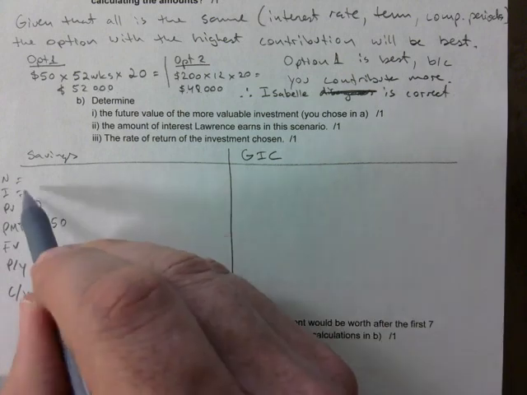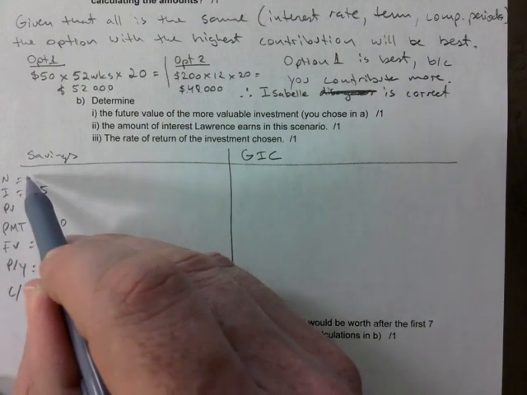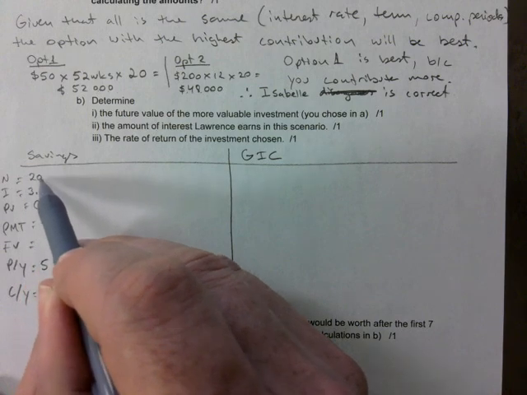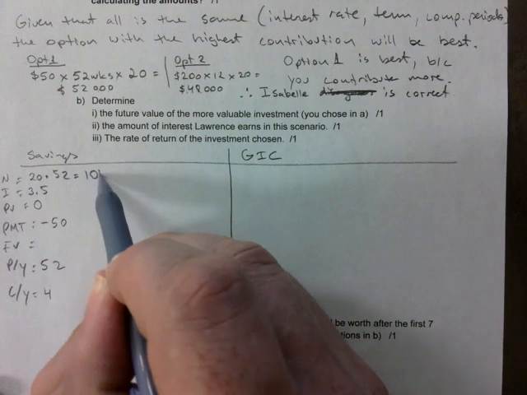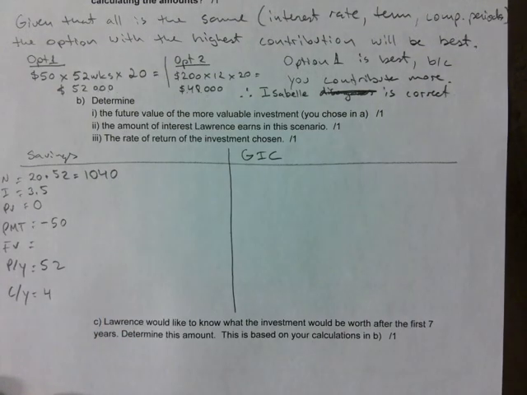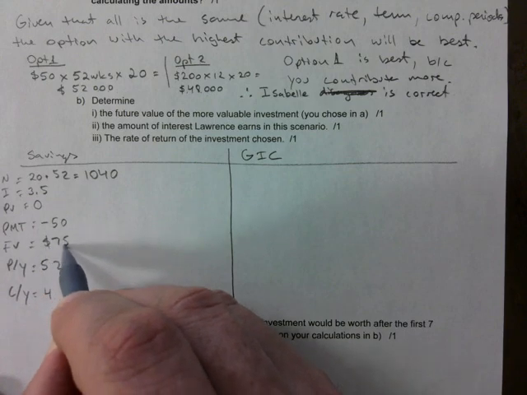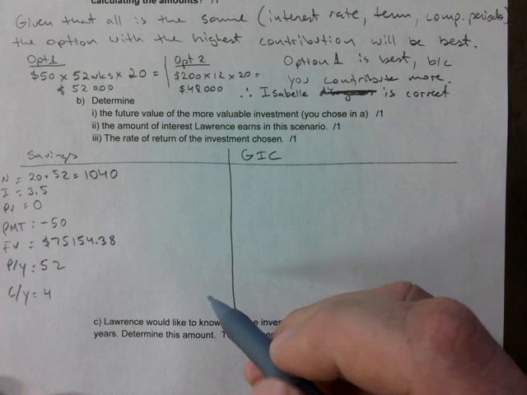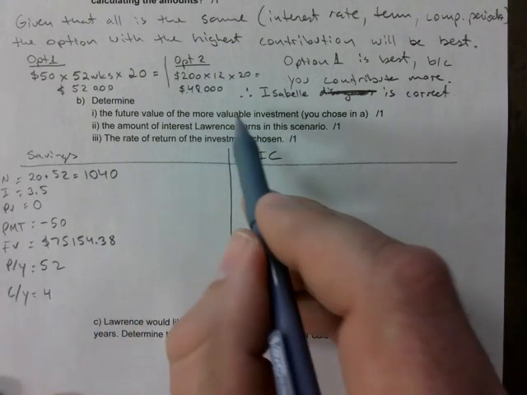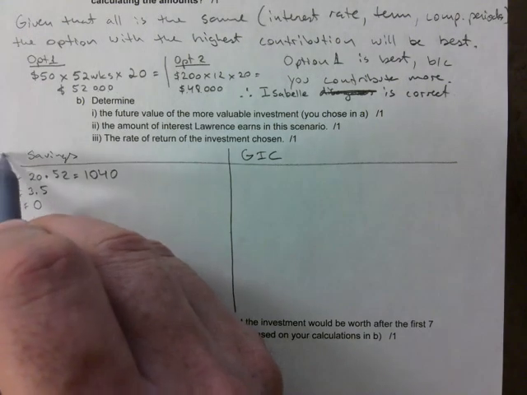You've got nothing to start off with. This is 3.5, and this would be 20 years times 52. So that is 1,040 of them, 1,040 payments. So if you do this, you get 75,154.38. Okay, so that's how much you have as a future value.